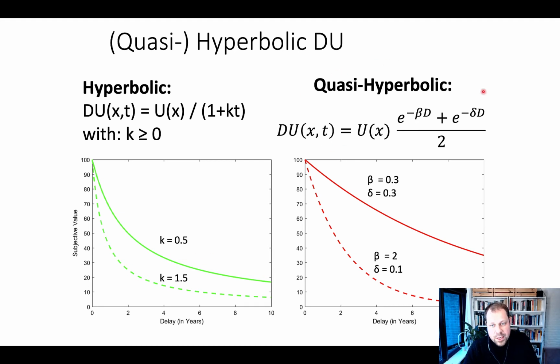There's also quasi-hyperbolic discounting, which models two different discounting factors, one discounting factor in the early for short delays, and a second discounting factor for longer term delays. So we have a beta and a delta in this instantiation of quasi-hyperbolic discounting models.